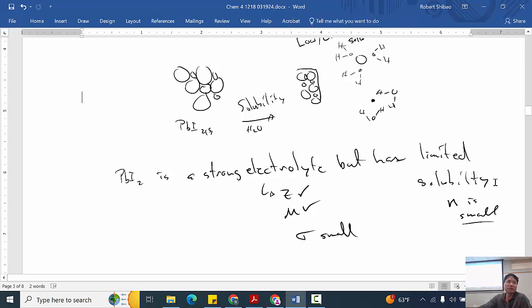I made it overly dilute, or I didn't add very much sodium chloride. But sodium chloride has high solubility. You can see how bright the light bulb was in a saturated solution. But if I make it highly unsaturated, it's going to get dimmer and dimmer. But this was the best I could do with lead. I couldn't get it any brighter than this.